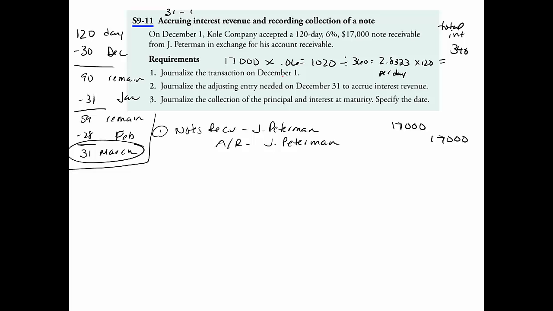Now what happens though is on December 31st, I'm closing out my books and I'm doing my adjusting entries. And the fact is the total interest I've earned is $340. But some of that, let's pretend like this is 2015, okay? They're going to pay me in March of 2016. So that means of that interest, some of it was earned in 2015.